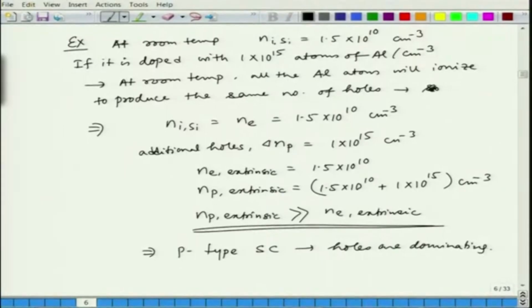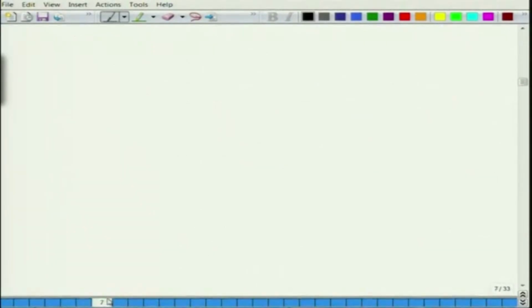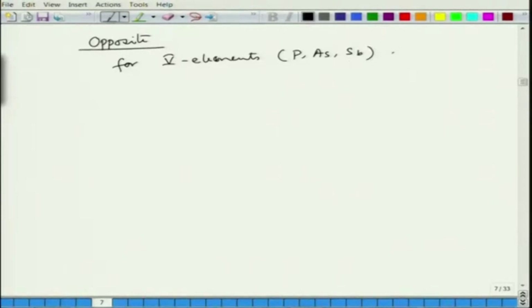Okay. Now, what happens when we have the opposite kind of doping? For the fifth column elements such as phosphorus, arsenic, antimony, these elements are doped. If these elements are doped, then just the opposite happens.